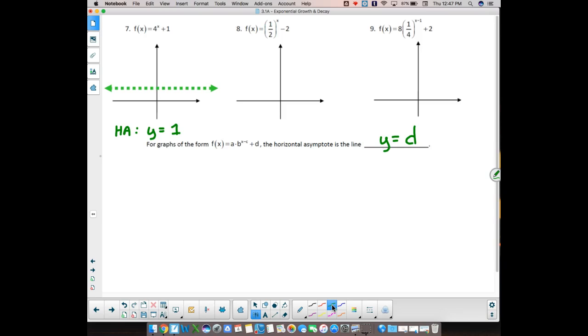If you need to make a little t-chart, we can, but we can also do it in our brain. 0 is the number that's going to get me 0 in the exponent, right? 4 to the 0 power is 1, plus 1 is 2, so this goes through the point 0, comma 2. 1 is the number in the exponent that's going to get me 1. 4 to the first power is 4, plus 1 is 5, so that's going to go here.